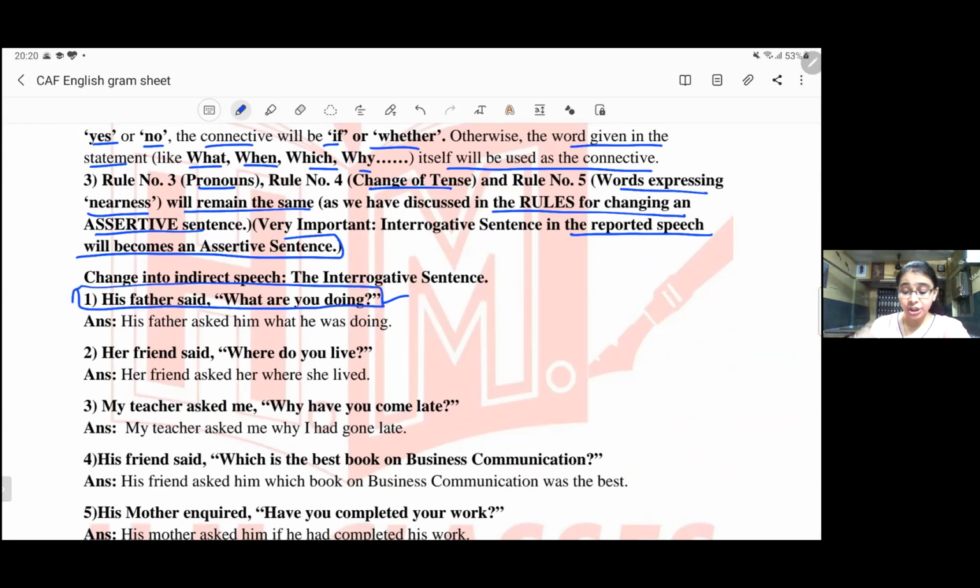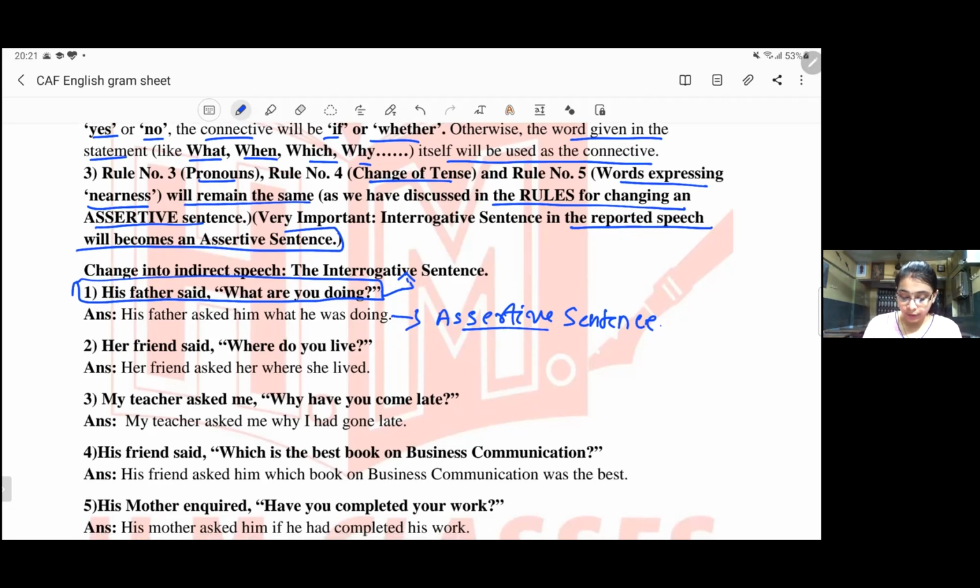But when you are changing it into indirect speech, this will become an assertive sentence. Clear? Now, just go through it.